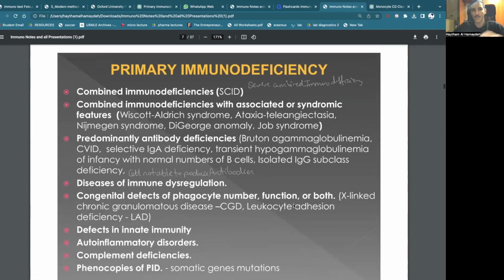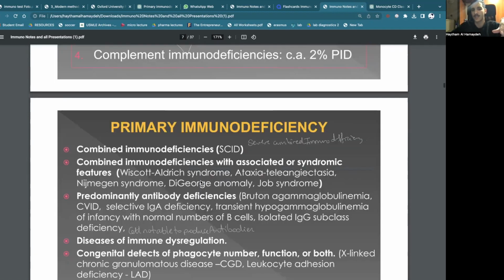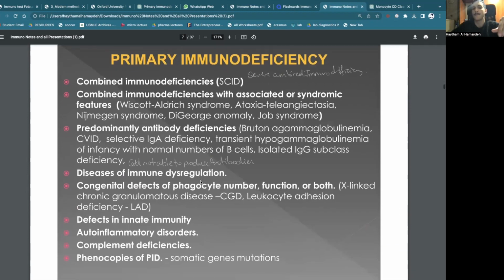Okay, so this slide can be very confusing, but what we're looking at is basically the names of the diseases that lie within the four categories that we have just memorized. So again, we will have to memorize specific diseases that lie within the specific types of PIDs.